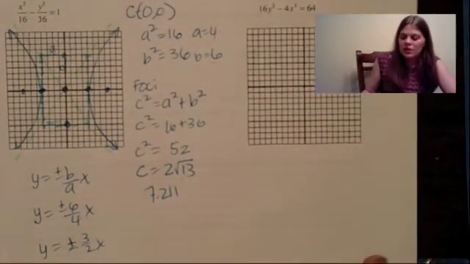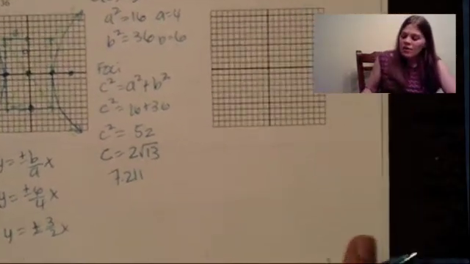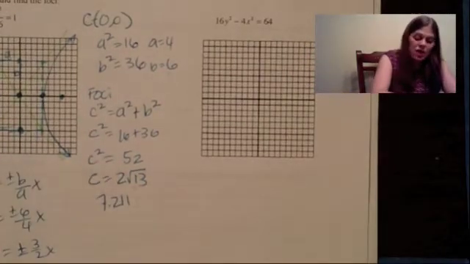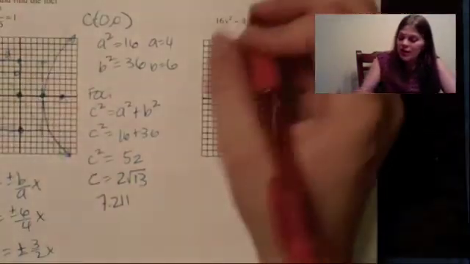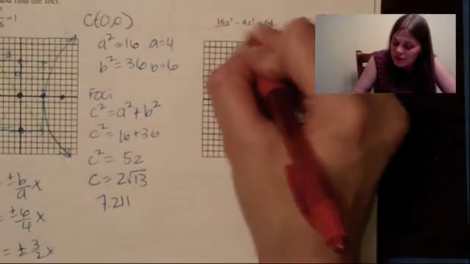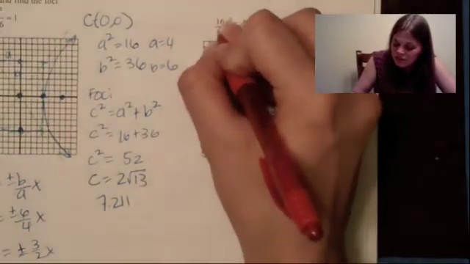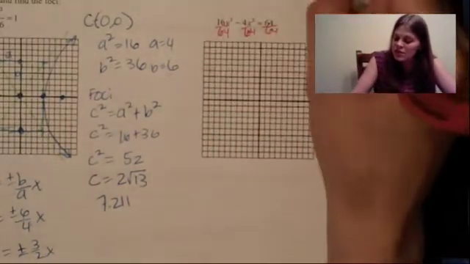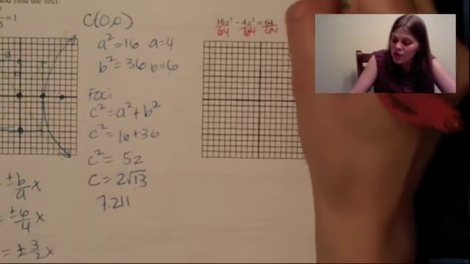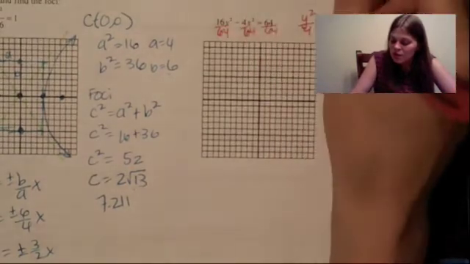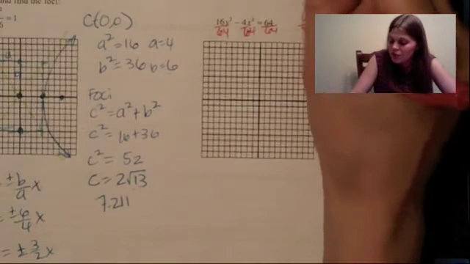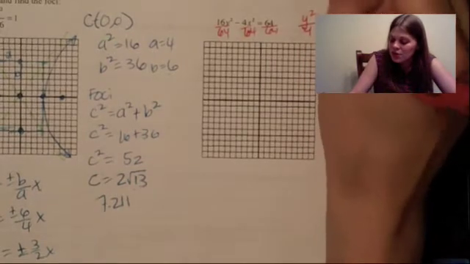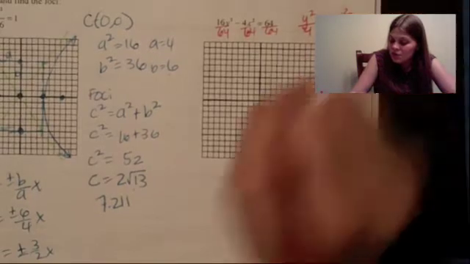On our next one, it's not in standard form, so I have to divide everything by 64. So 16 divided by 64 is 1/4, so I have y squared over 4, minus x squared over 16, equals 1.